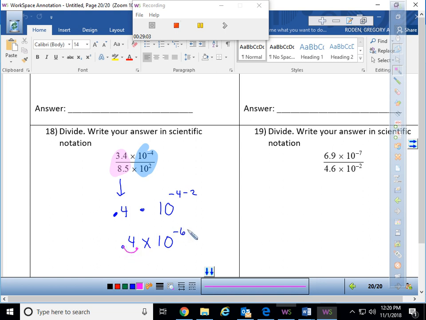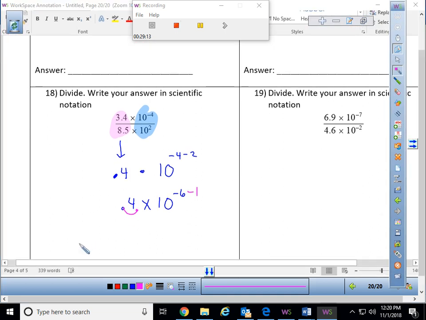Again, I have to subtract 1. When I move to the right, I've got to subtract 1. So what's the final answer here? Move this down. Our final answer is 4, or 4.0, but I'll just call it 4, times 10. What's -6 minus 1? Yeah, that's -7.